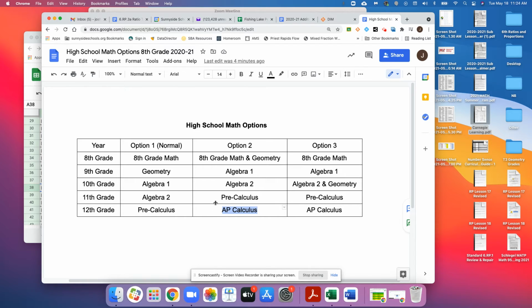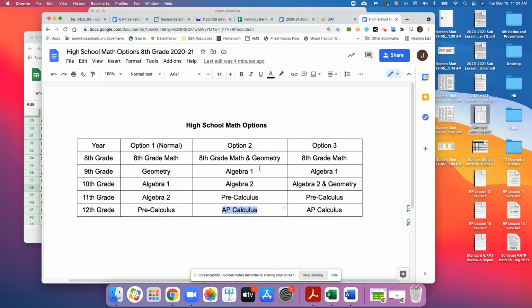You'll notice that basically option 2 is 1 year ahead of option 1, which allows students to get to this extra math class called AP Calculus. If you're a person that wants to do more math, the only reason to do option 2 or to have taken geometry this year would be to be able to get to AP Calculus your senior year.